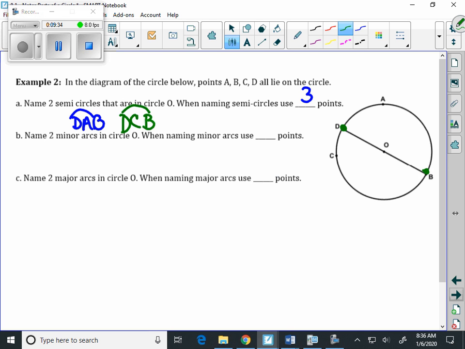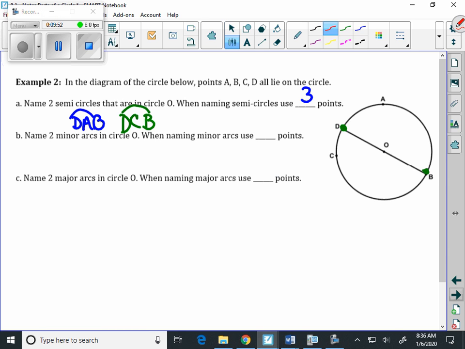So it's a chord that goes through the center of the circle. Those endpoints, notice whether we go up to DAB or whether we go down to DCB, the endpoints of the diameter end up to be the endpoints of the arc.